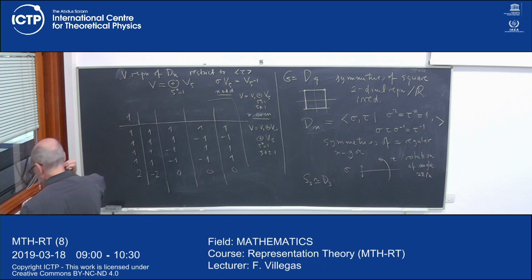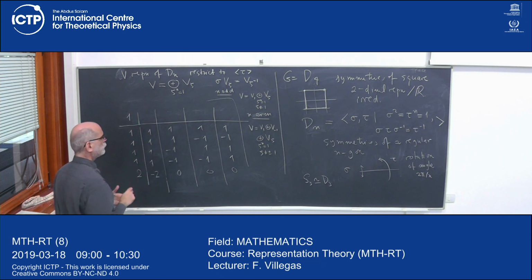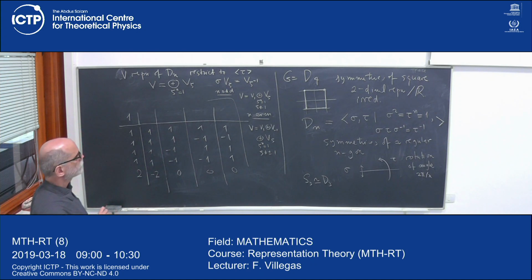The conjugacy classes for D4, you can index them. Well, there are going to be 5. I think I'll just leave it like this.